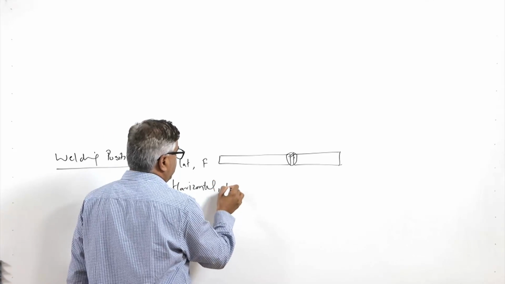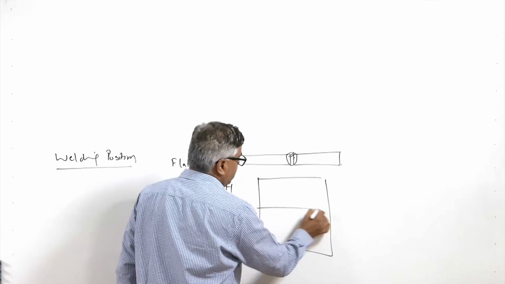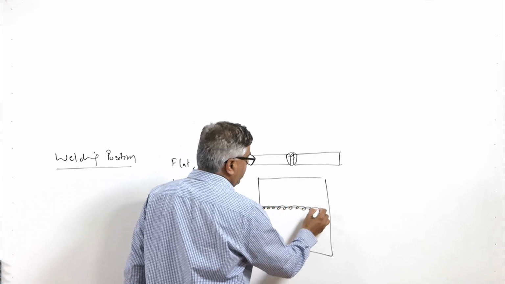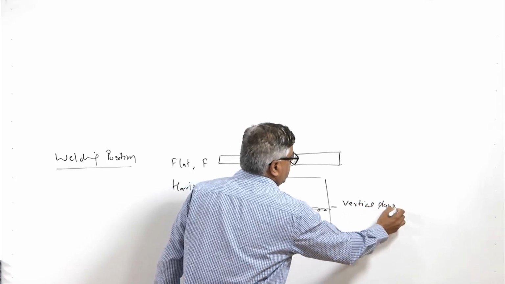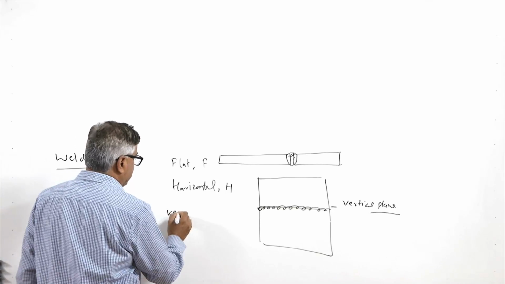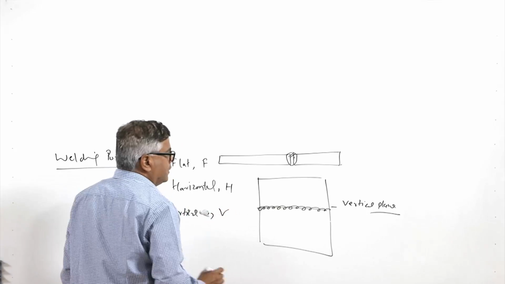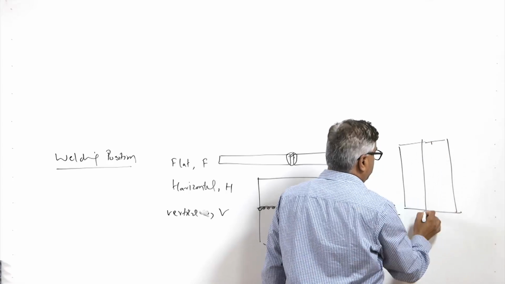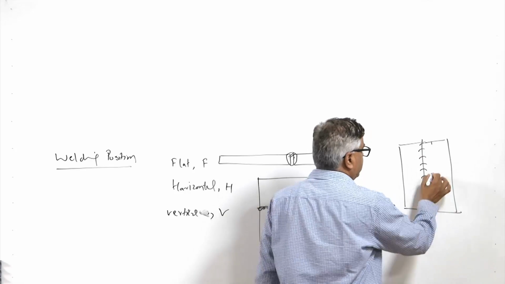Then there is horizontal welding, represented by the letter H, where the plates are to be joined in a vertical plane, and the joint is made horizontally. So, the plates are in a vertical plane, but the joint is made horizontally, while in the case of vertical welding, represented by the letter V, the plates are also in a vertical position like horizontal welding, but the direction of the welding is also vertical, either vertically up or down.